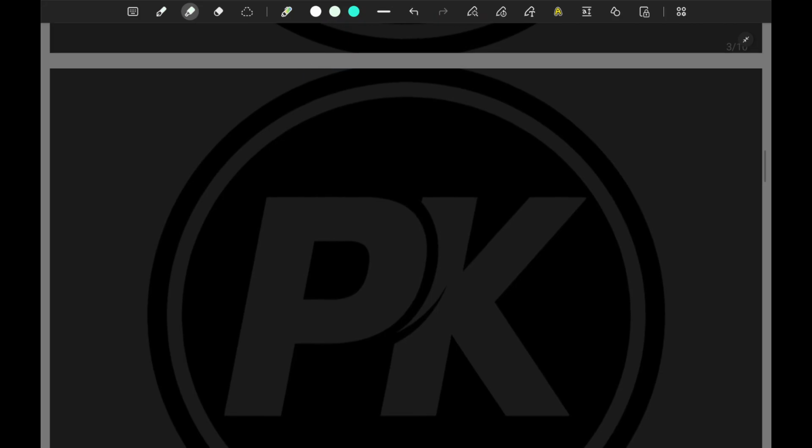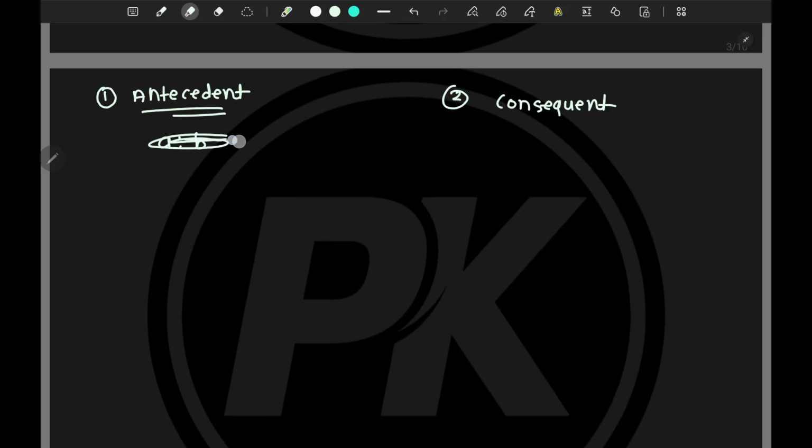We are going to see two terminologies. The first terminology is antecedent, and the second terminology is called consequent. Antecedent means the first term of the ratio. If I write it at the center, A is to B. This A, the first term of the ratio, is called the antecedent.